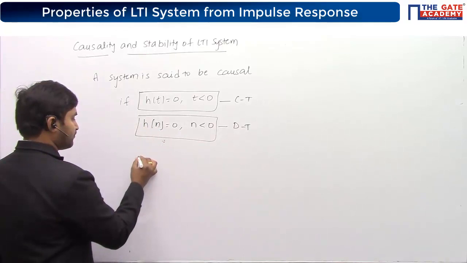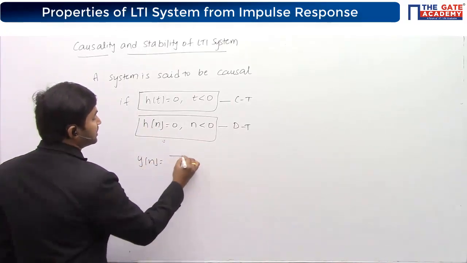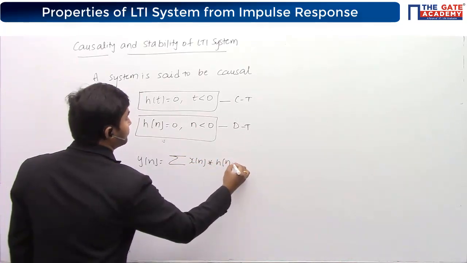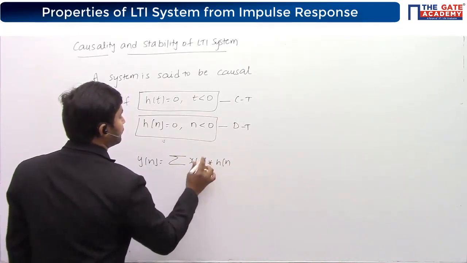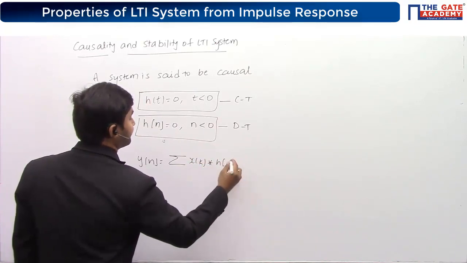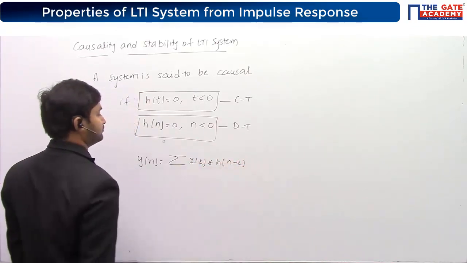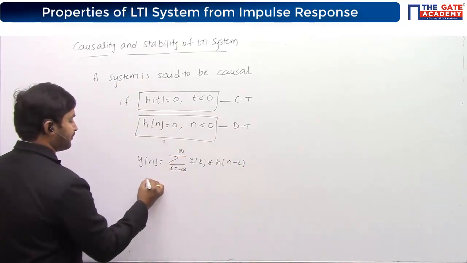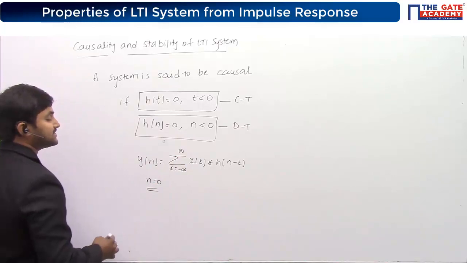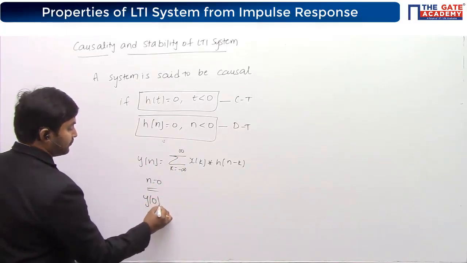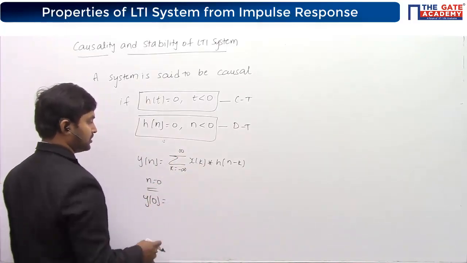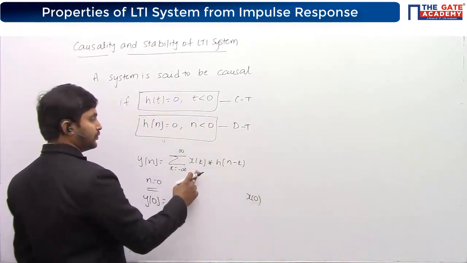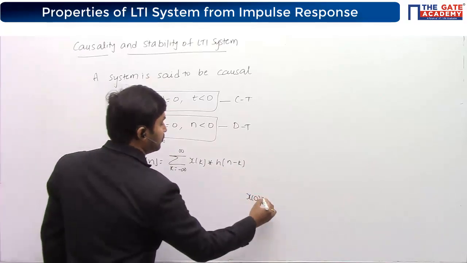Now, how did we get this particular condition? I will tell you. We already know y of n is the summation over k from minus infinity of x of k convolved with h of n minus k. So let us take an instant, n equal to 0. So y of 0 is going to be equal to, let us start with x of 0 into h of 0.